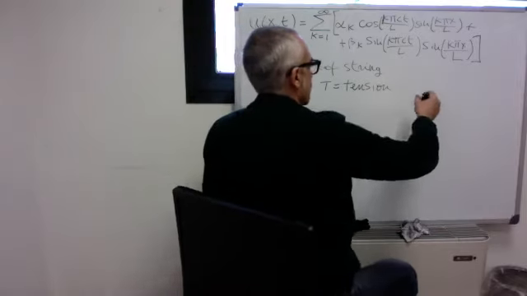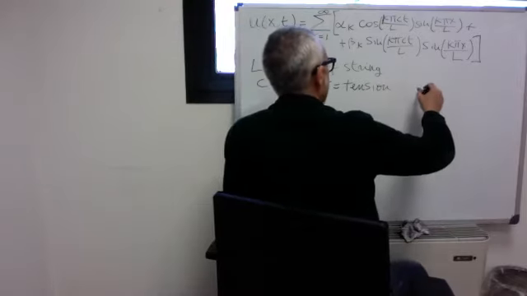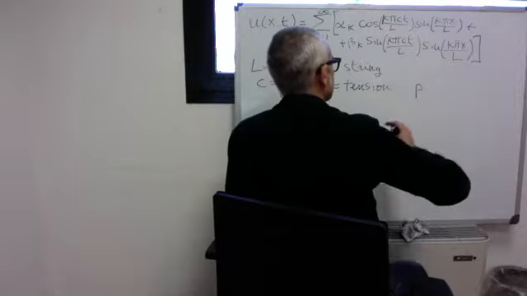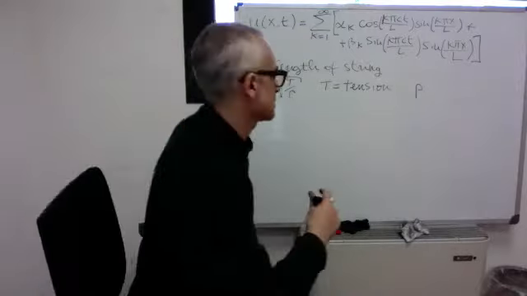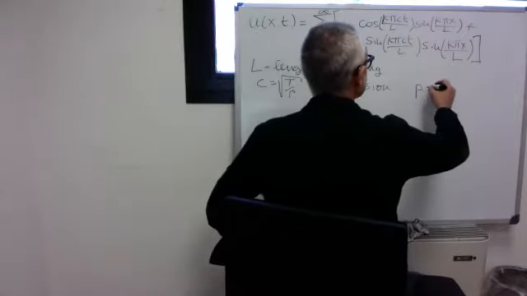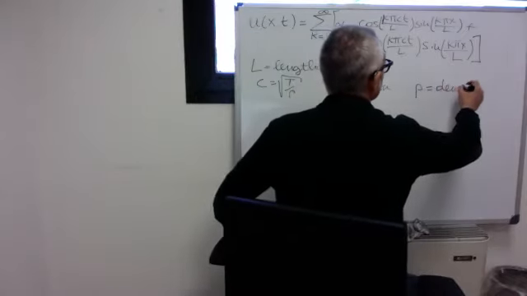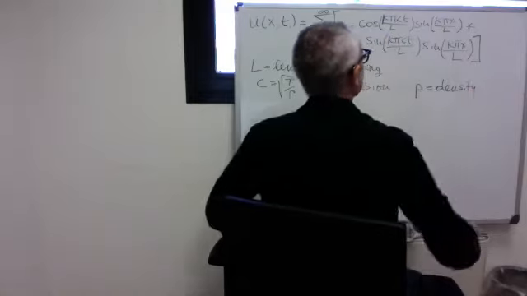Tension, remember, is a force per unit area that has a tendency to elongate the string, and rho is the density of the string.